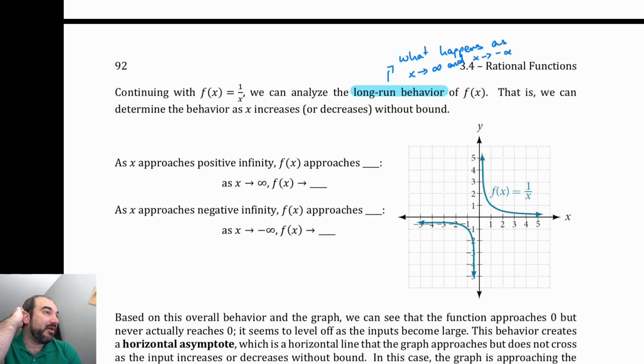This is talking about the left and rightmost extremes of the graph, right? The first one is asking about as x approaches infinity, meaning as I go right along this graph, what is happening to my y values? What are my y values approaching?